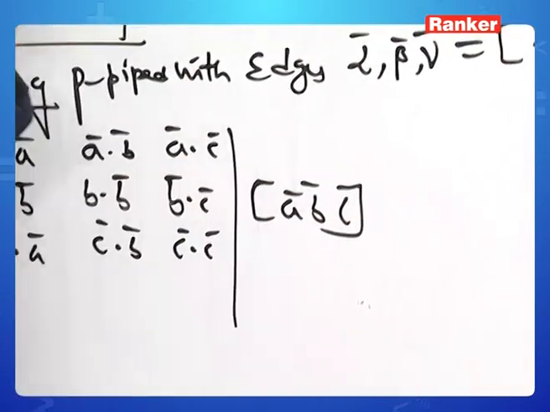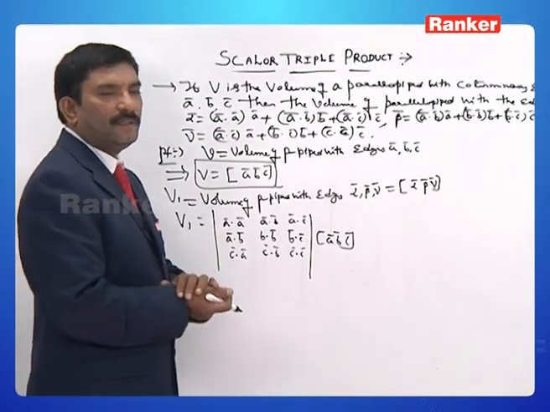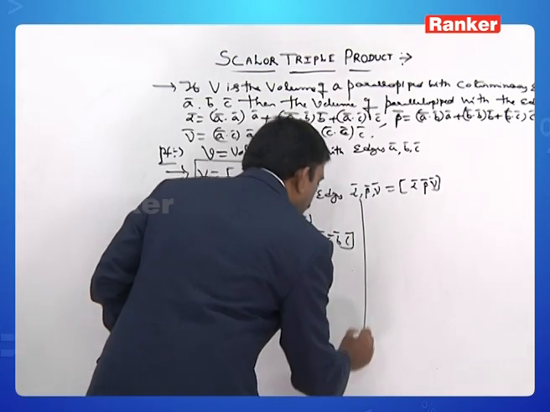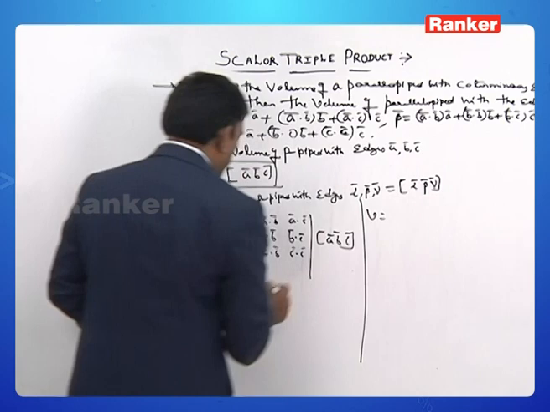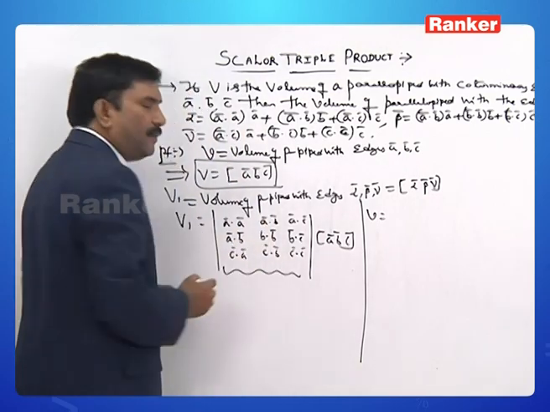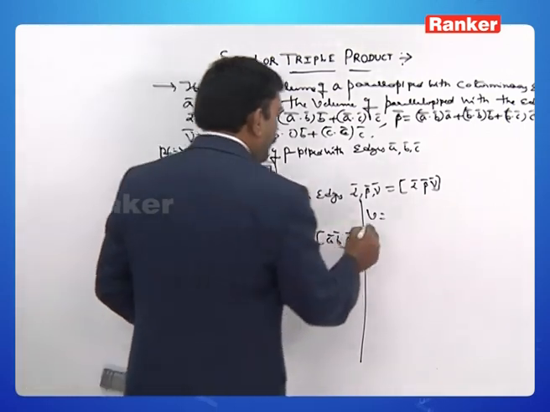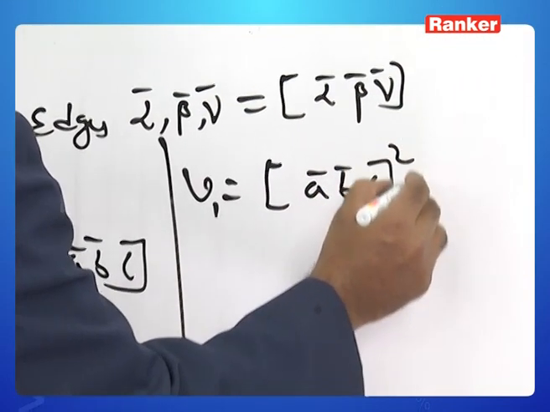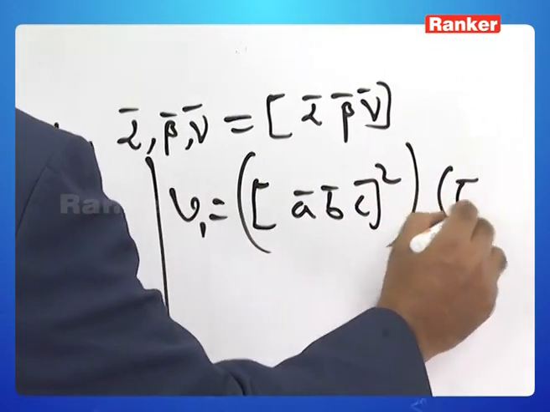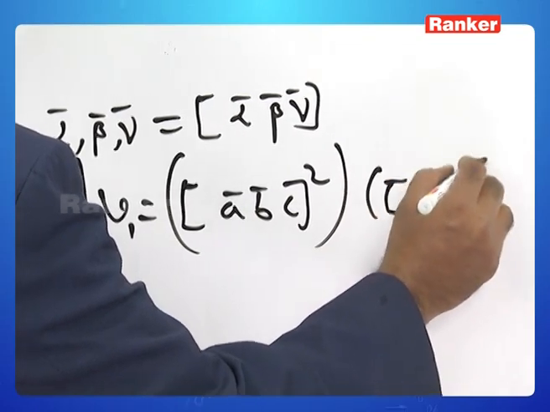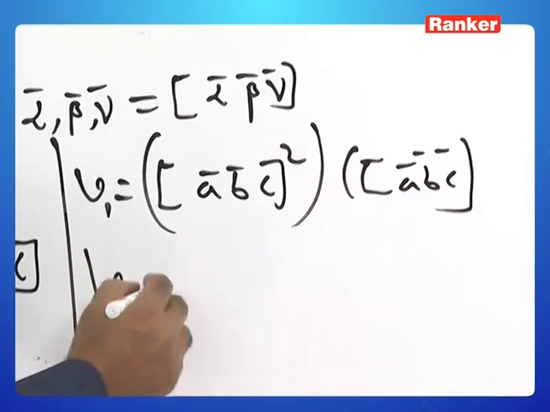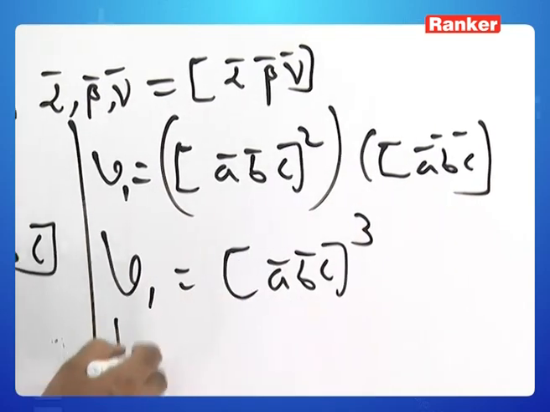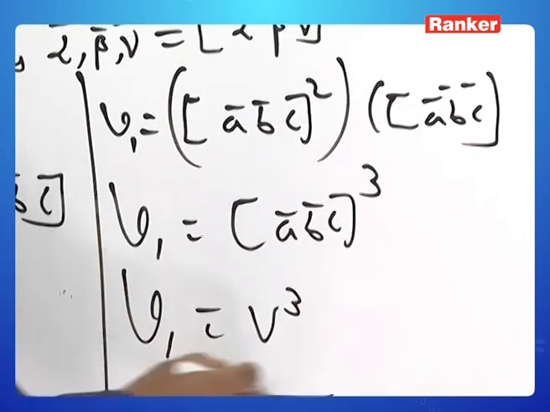Why box of ABC? Because the vectors are given in terms of A bar, B bar, C bar. This determinant value we know already, it is nothing but box of ABC whole square. Already another one is box of ABC. So V1 is equal to box of ABC whole cube. So V1 is equal to V cube.